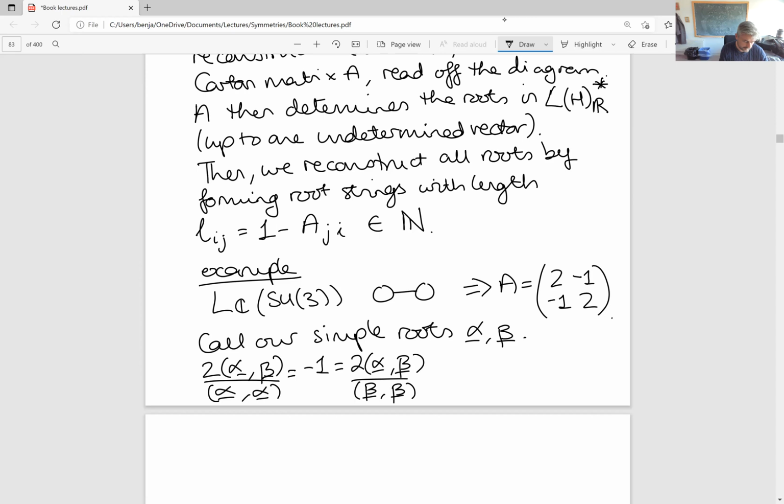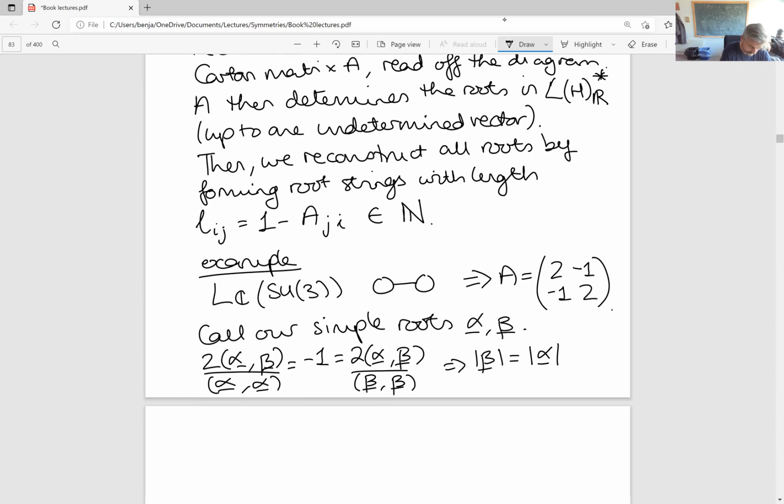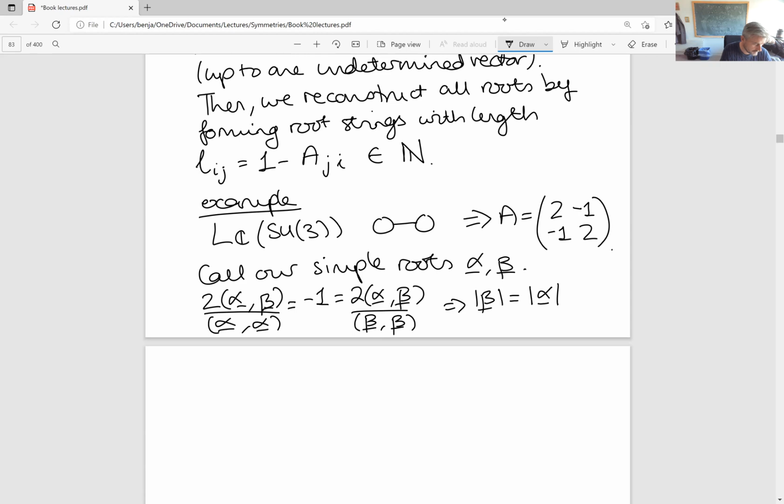Okay, so because these things are equal, we deduce that the length of beta is the length of alpha. And we also deduce from that cos phi, the angle between them, is -1/2. So phi is 2 pi by 3.